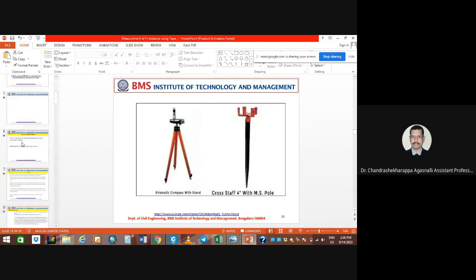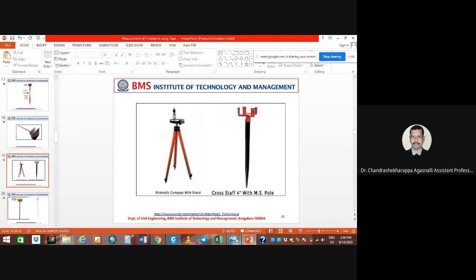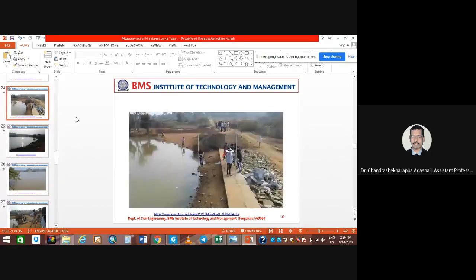Okay, right. So let's go back to the field, where we are actually using these staffs. For our first experiments, we are not going with any staff readings or total station, or any dumpy level or auto level instruments.